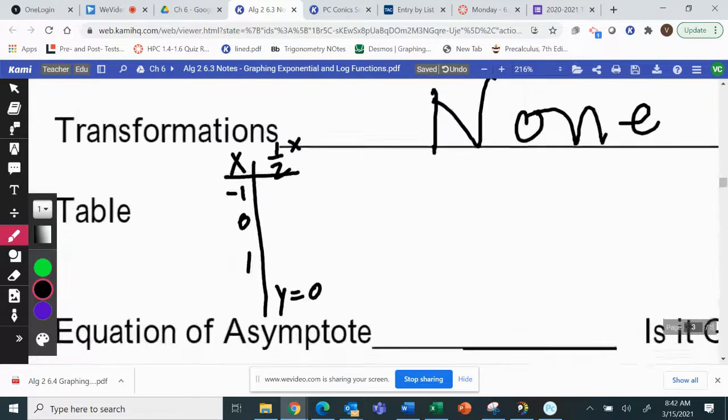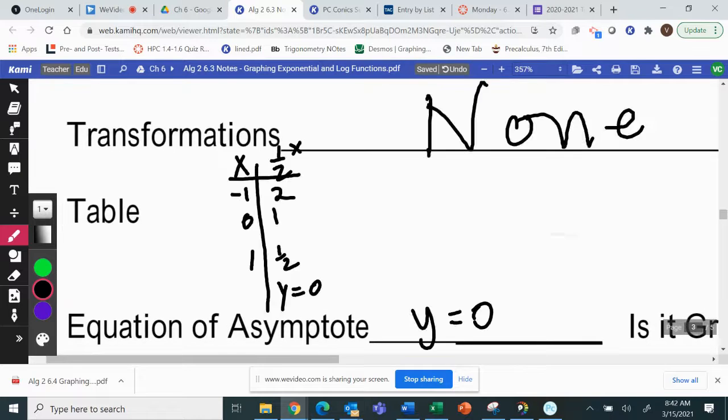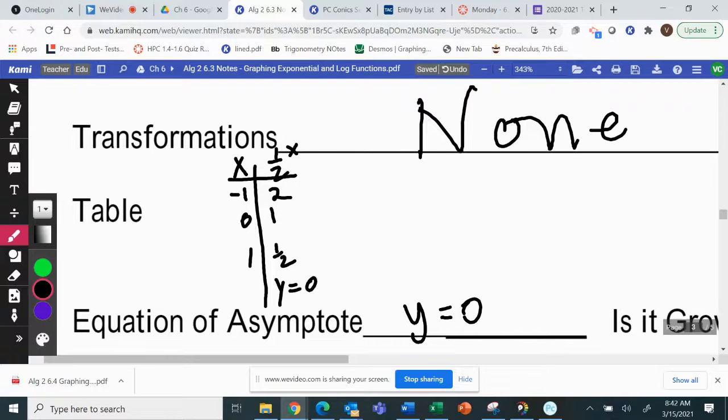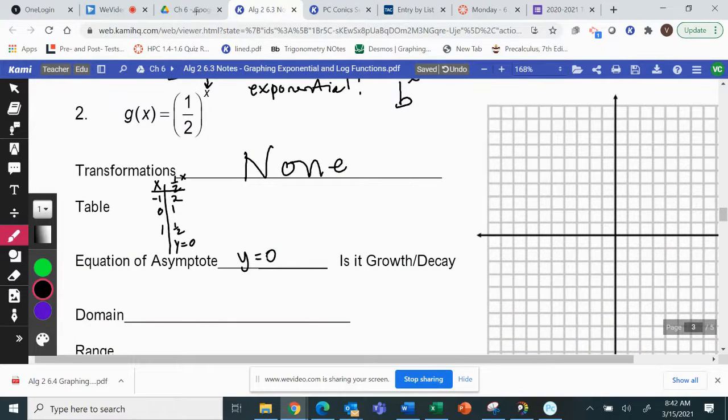So for -1, we reciprocate and get 2. For 0, we get 1. For 1, we get 1/2. The equation of the asymptote is y equals 0. So y equals 0 is my asymptote.